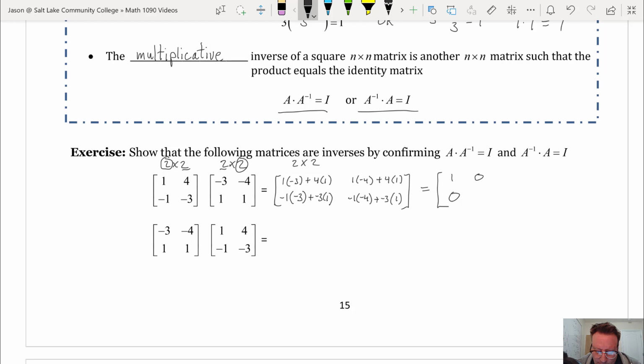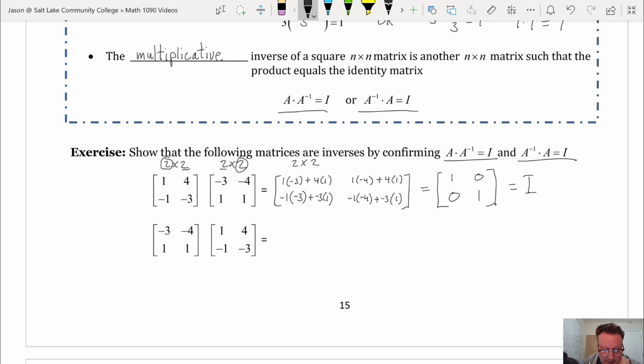And the element in the bottom right corner is going to be 4 minus 3, which is 1. And this is indeed the 2 by 2 identity matrix. Okay. So what we just did is we verified this case. So we still need to verify that this case is true.